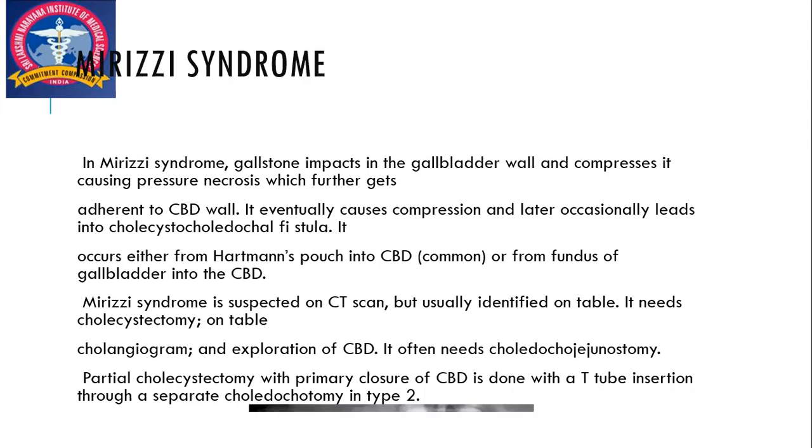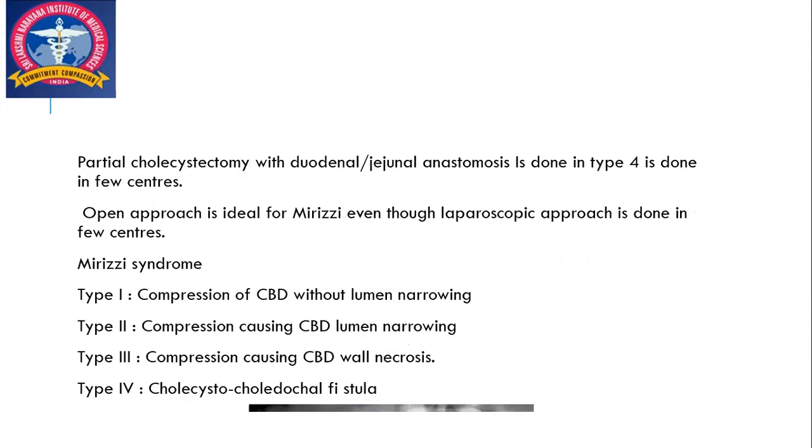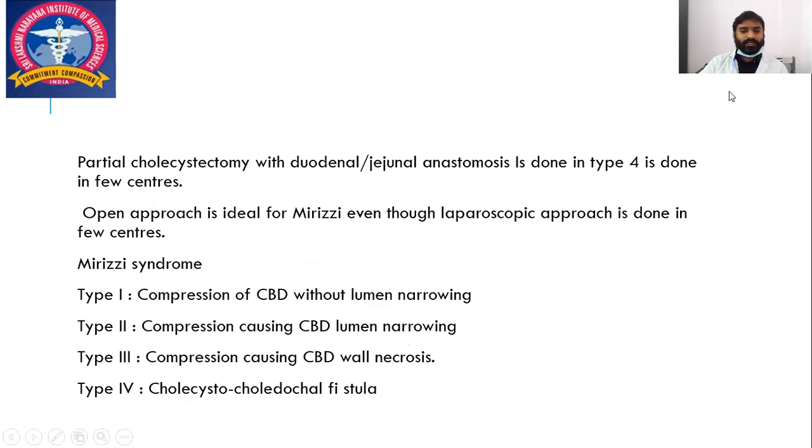Partial cholecystectomy with primary closure of the CBD is done with T-tube insertion through a separate choledochotomy. Partial cholecystectomy with duodenal or jejunal anastomosis is done in type 4 and is done in only a few centers. Open approach is ideal for Mirizzi, even though the laparoscopic approach is done in a few centers.